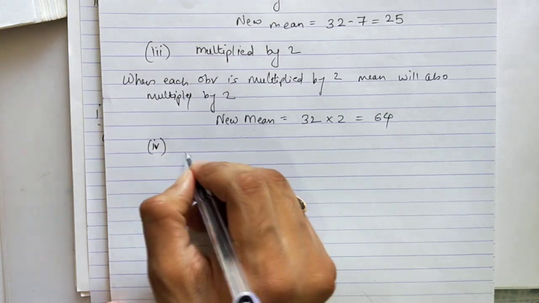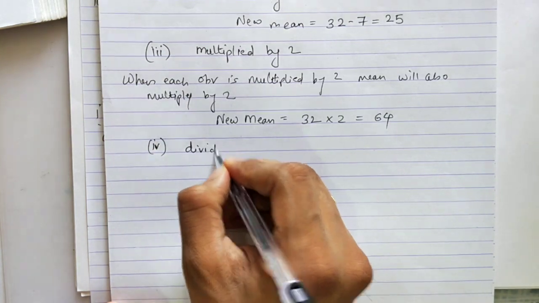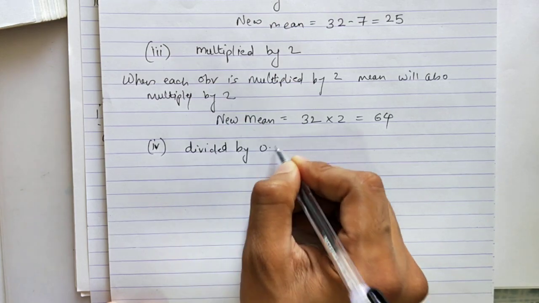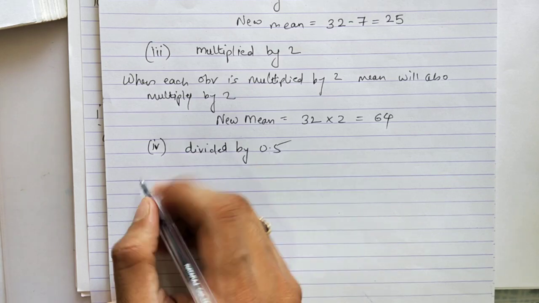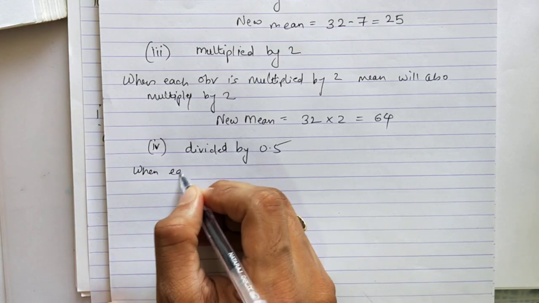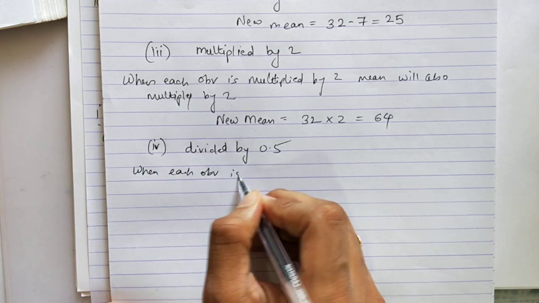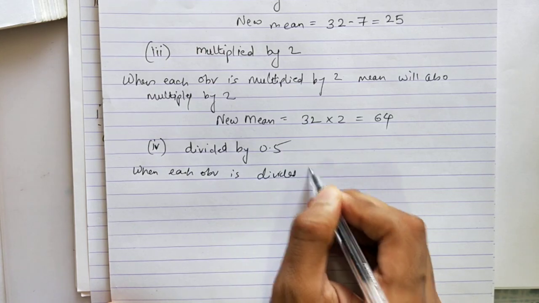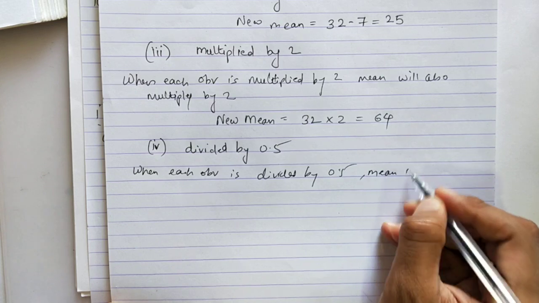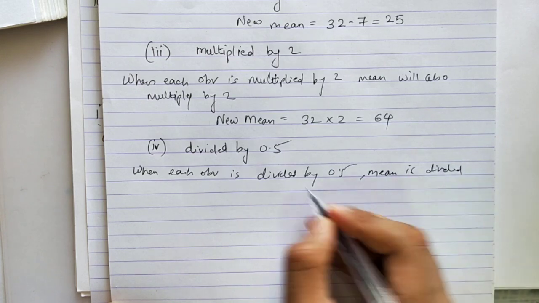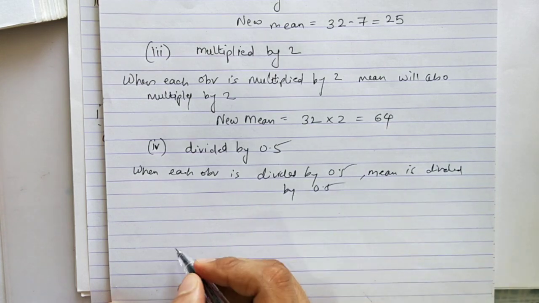Okay, very easy. So in the fourth one they have said divided by 0.5. So again write the statement, when each observation is divided by 0.5, the mean is divided by 0.5.